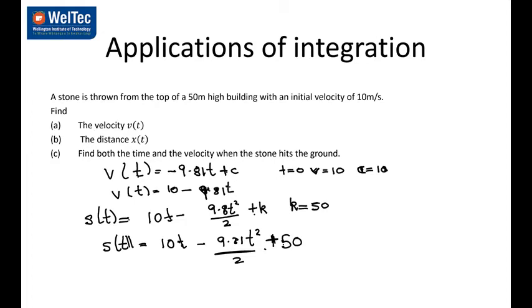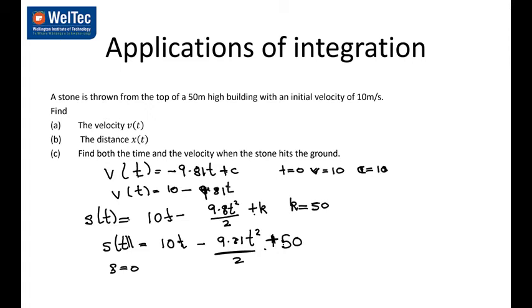Now it says find the time and the velocity when the stone hits the ground. Okay, what do we know when it hits the ground? The distance is 0. So we need to solve our distance function equal to 0. It's actually a quadratic. It looks a bit rude, but it's a quadratic.